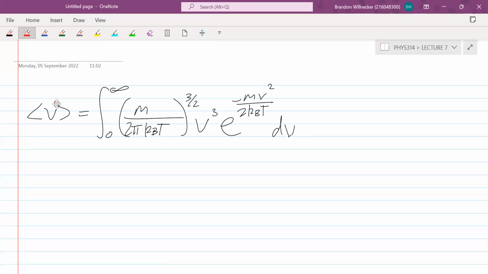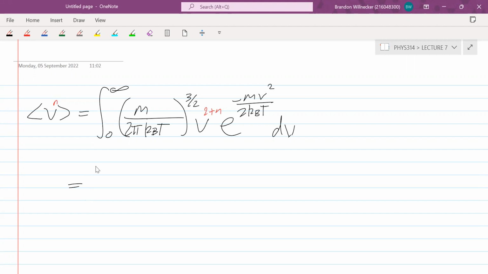So if you have an nth power, this would now become v to the 2 plus n. Okay, so I'll show you why now. If I do it for a general power like that, we're going to get something like this. This is going to become the integral from 0 to infinity.